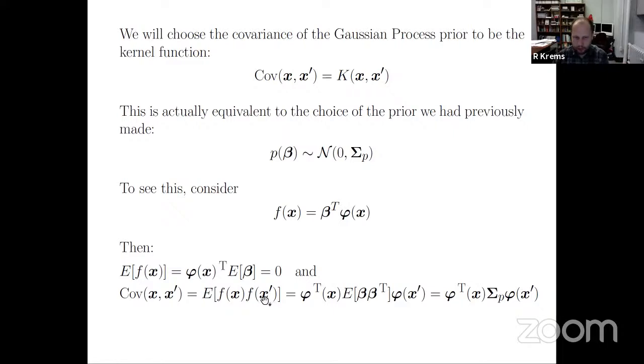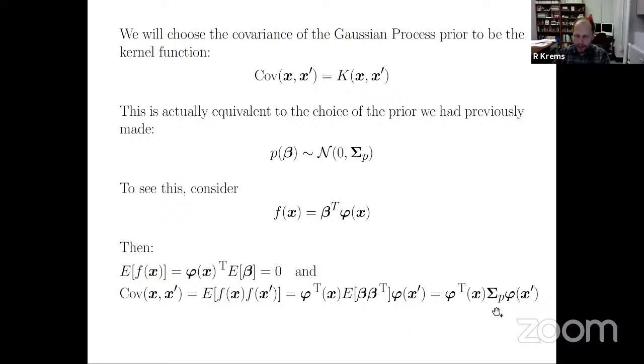Because in general, the covariance, as we said on the first slide today, is determined by f of x minus mean of f of x times f of x prime minus mean of f of x prime. But in this case, those means are going to be zero. Now, if you replace f of x and f of x prime with this part here, then you're going to get this. And then, of course, this is just the sigma p.